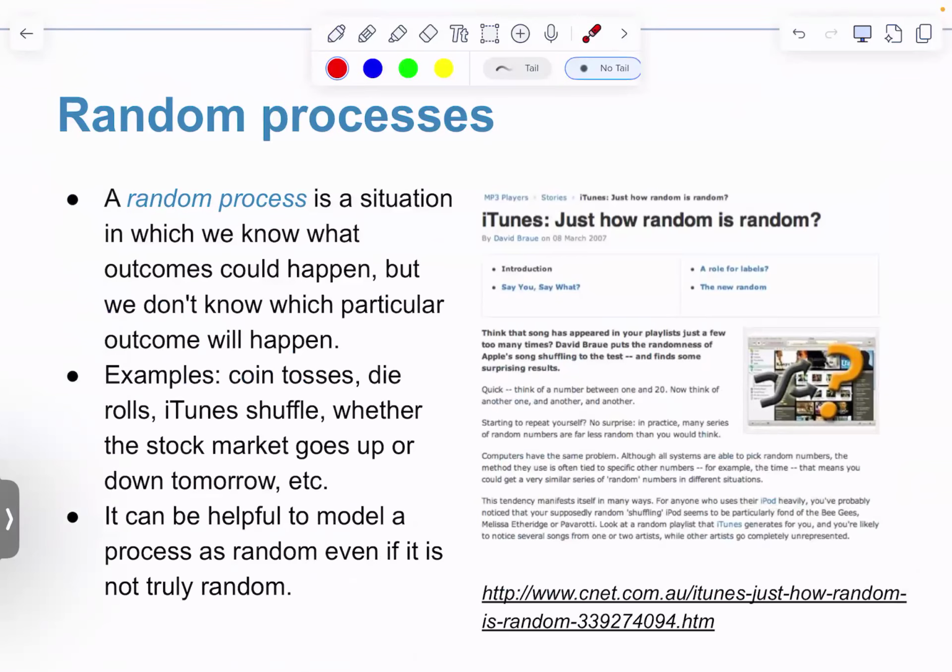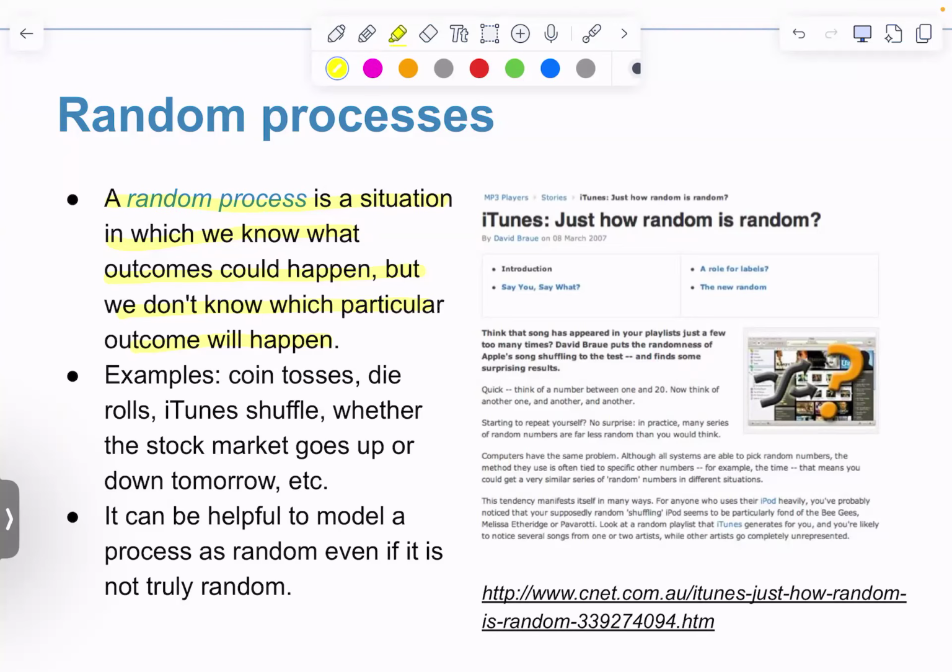A random process is anything where we know what outcomes could happen, but we don't know which particular outcome will happen. That's what makes it random. So a random process is things like flipping a coin, rolling a die, rolling 2 dice.